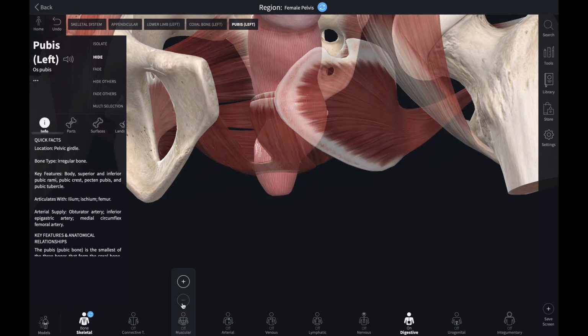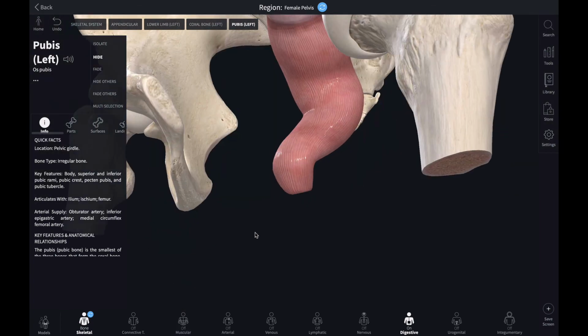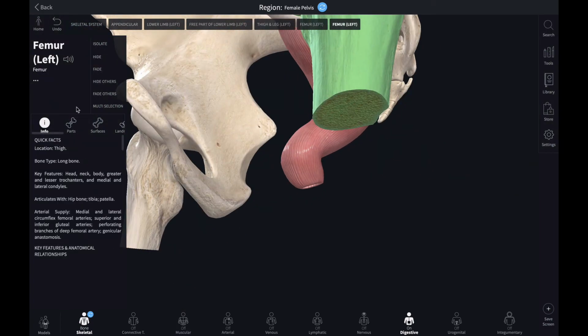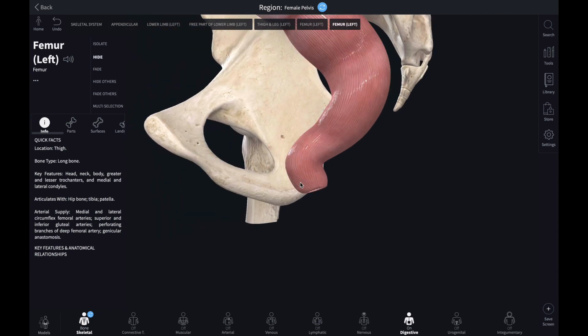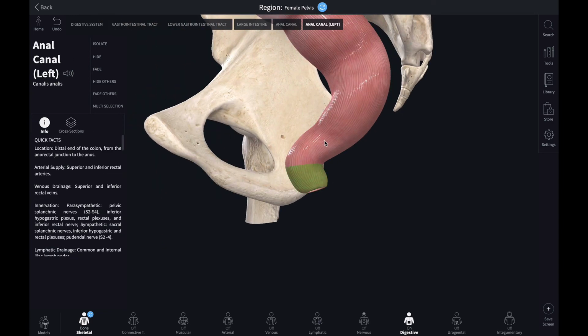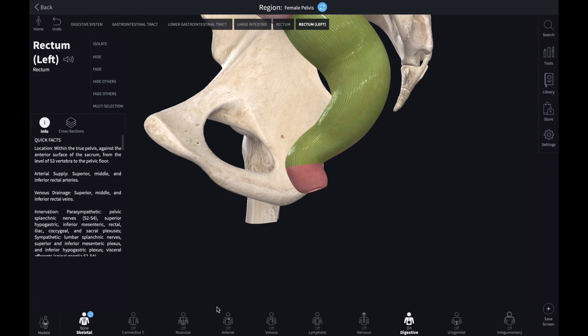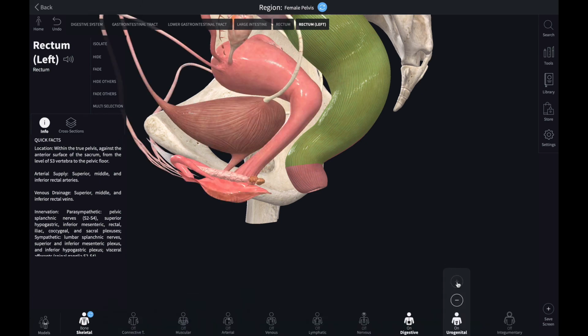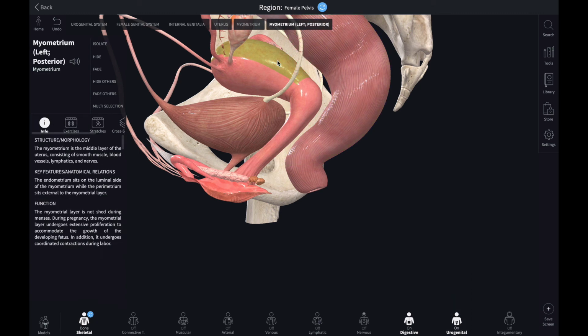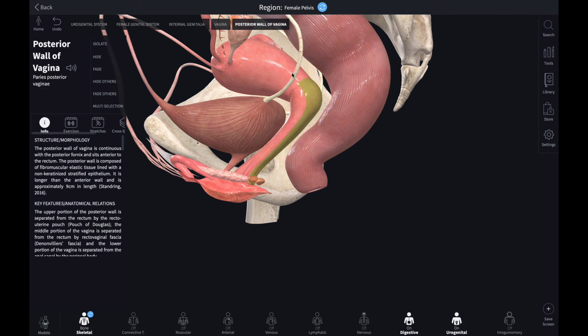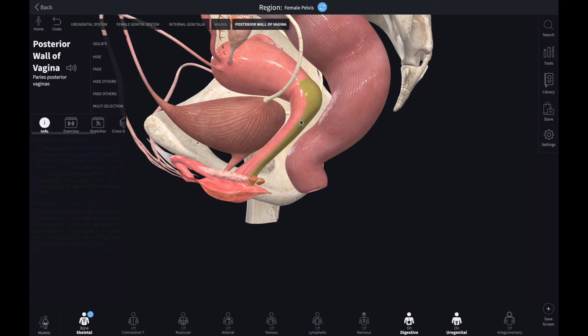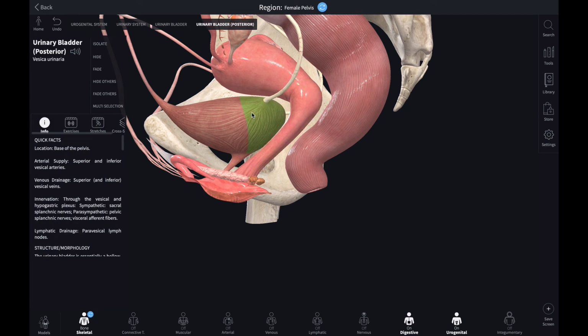Now what you see is the rectum. Anterior to that you have the uterus and the vagina, and anterior to that you have the bladder.